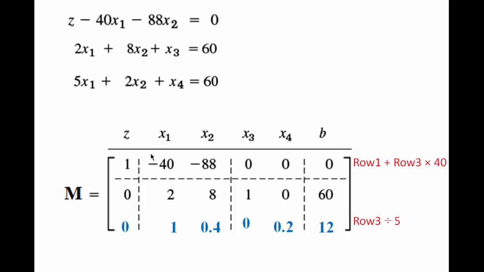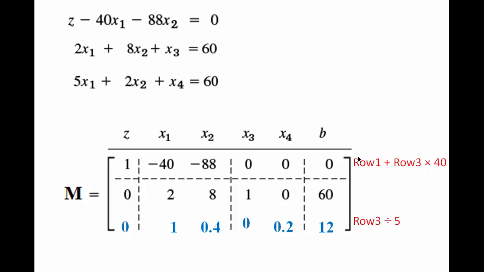And in order to add 40, we need to relate this 40 to the pivot element. So we're going to say minus 40 plus 40 multiplied by this element. So minus 40 plus 40 equals 0. And we need to do this operation to all elements in the row. Therefore, row 1 plus row 3 multiplied by 40.